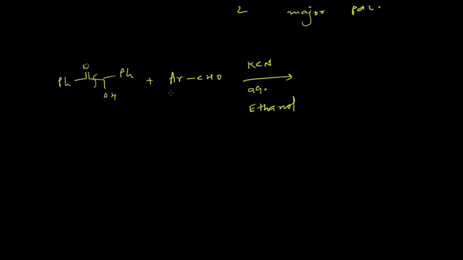So here also, if this particular aromatic group contains any strong electron withdrawing group, then this particular benzoin will be the major product. But if it contains any electron donating group, then this will be the major product.